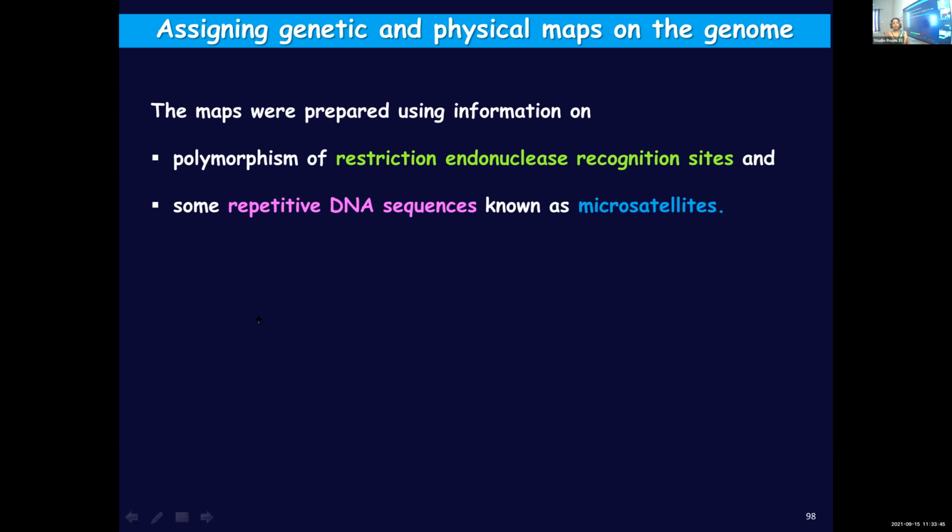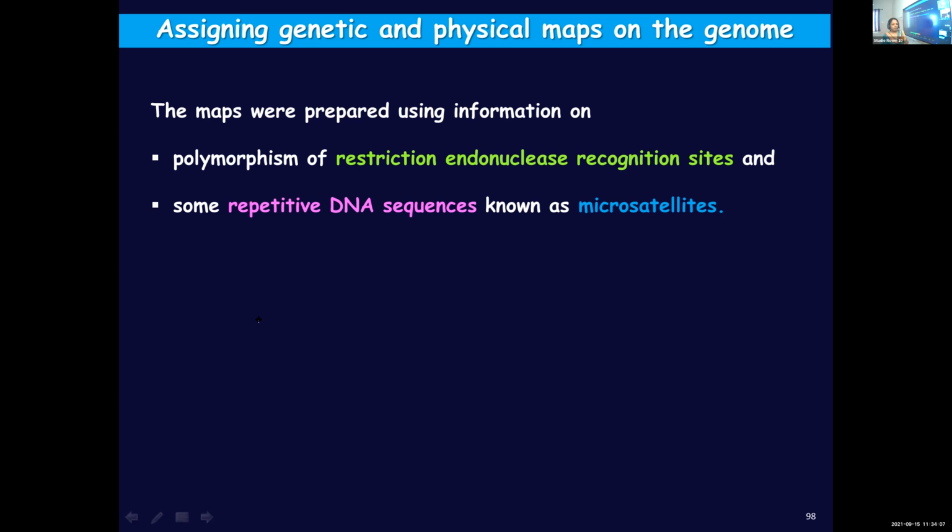Scientists prepared these maps using information on polymorphism. Poly means several, different. Morphism means forms. A genetic variability is known as polymorphism.